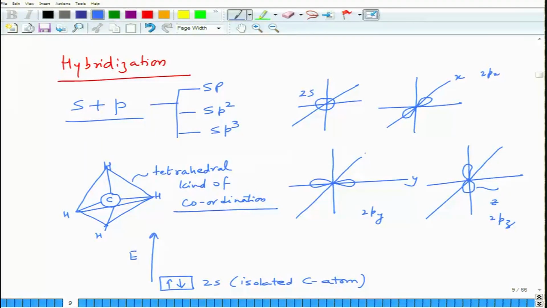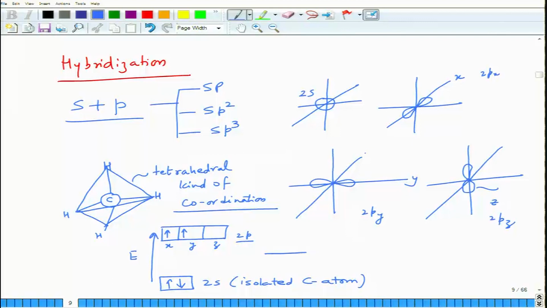Whereas in case of p we have 3 orbitals, this is up and this is empty. So, this is x, this is y, this is z, and this is 2p. All of them are 2p: 2px, 2py, 2pz.